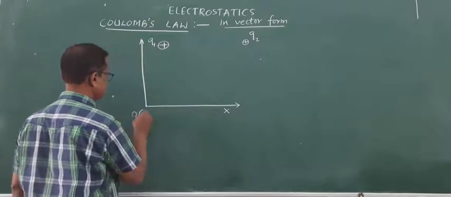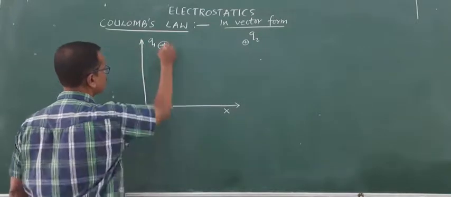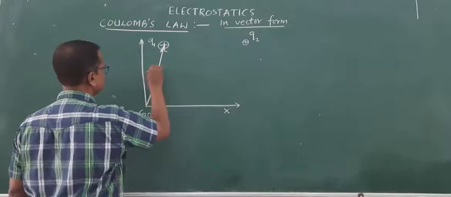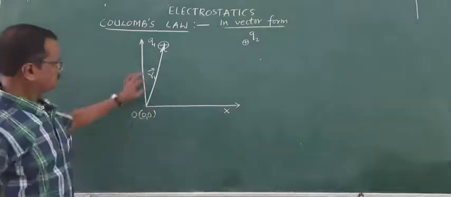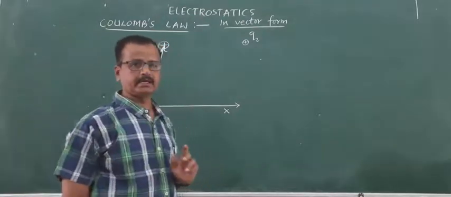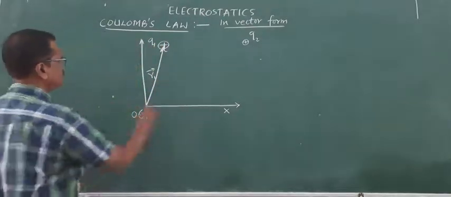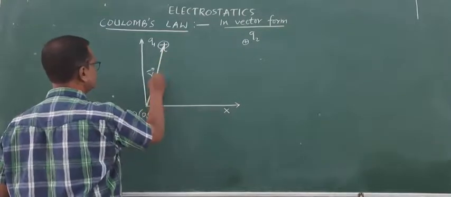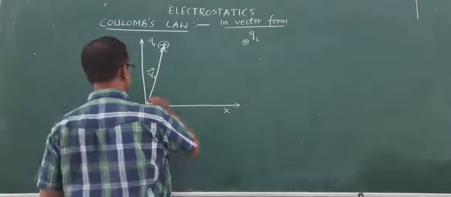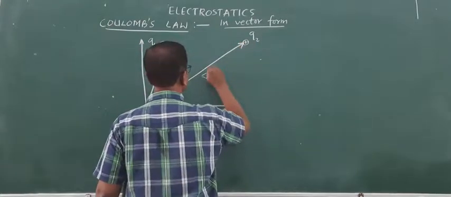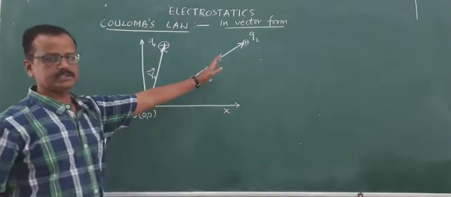This is the origin, and we draw the position vector. The vector drawn from the origin to the position of a particle is called the position vector. Let R1 vector be the position vector of the charge Q1. In the same way, let R2 be the position vector of charge Q2.